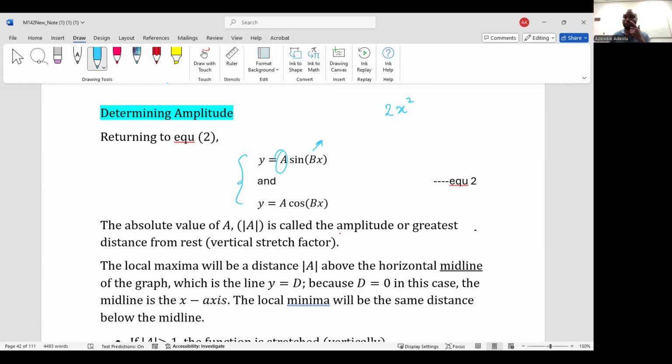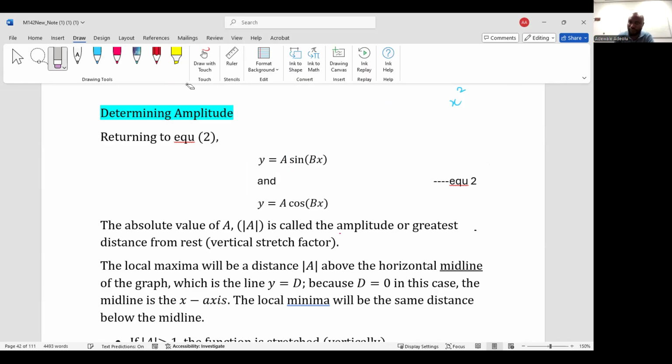Remember, if x is, for example, 1, if you square 1, you have 1. If you multiply by 2, the y value becomes 2. If your x is 2, you square it, you have 4. If you multiply by 2, you have 8. Now, if you compare it to when you have just x squared, you will see you are magnifying your y value. The same thing is happening here with this a. We are magnifying the y value by having this a here. So we call it amplitude.